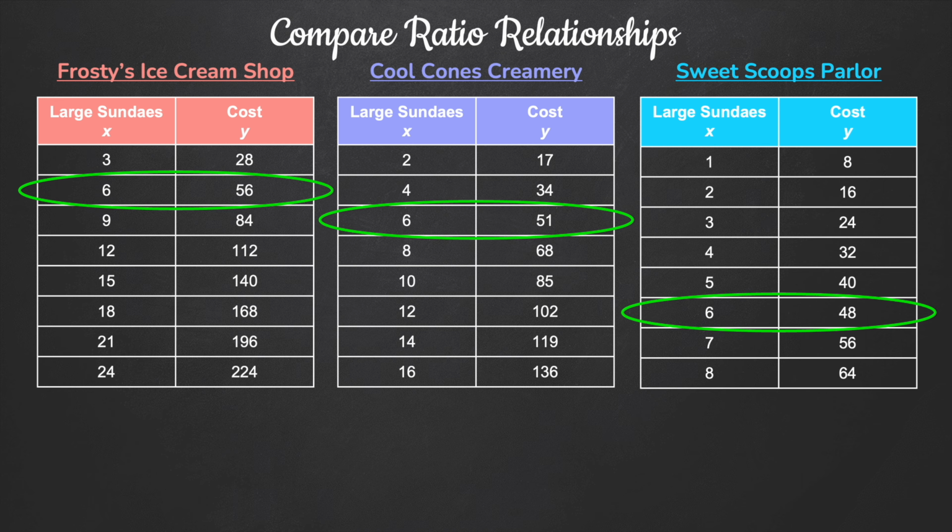And as they do, they're bound to get to the same number of large sundaes, and that is called our least common multiple. So they were bound to get to 6, and if we look at the tables, comparing it for the large sundaes where we have 6 makes it easier to see which one is a better deal.